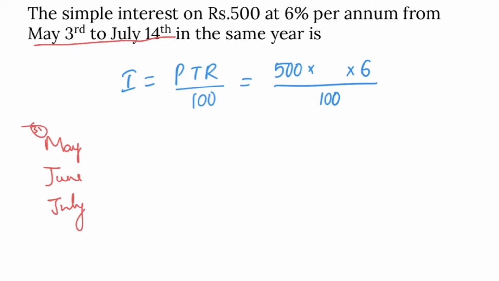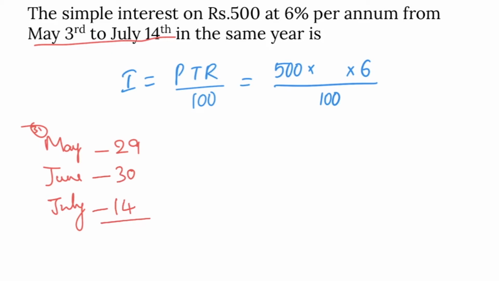Out of those 31 days, for the first 2 days we are not paying interest. So in May we are paying interest for only 29 days. Out of 31 days we are not paying for May 1st and May 2nd. In the month of June we pay for all 30 days. In the month of July we pay for 14 days.